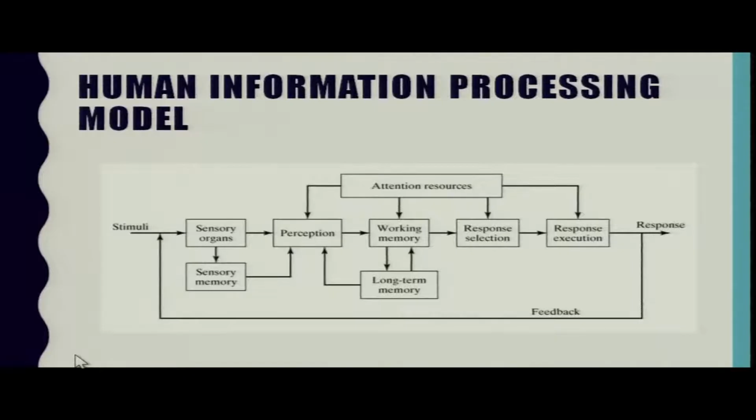If we have a look over this human information processing model, which we briefly understood in the previous slide in the initiation of the cognitive ergonomics course, in that model, here is the perception.